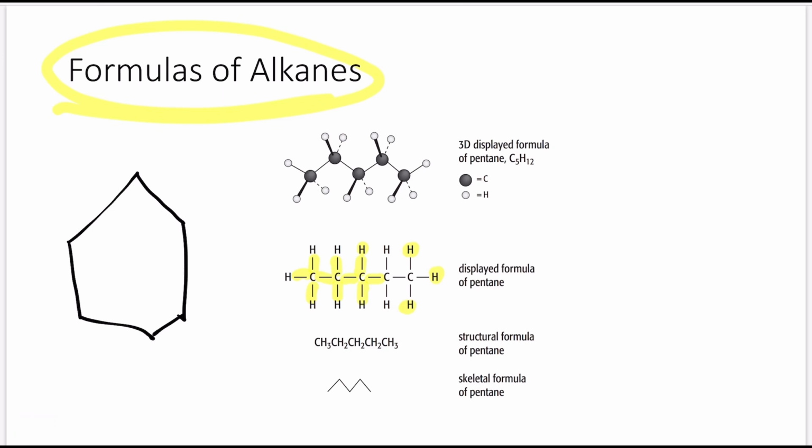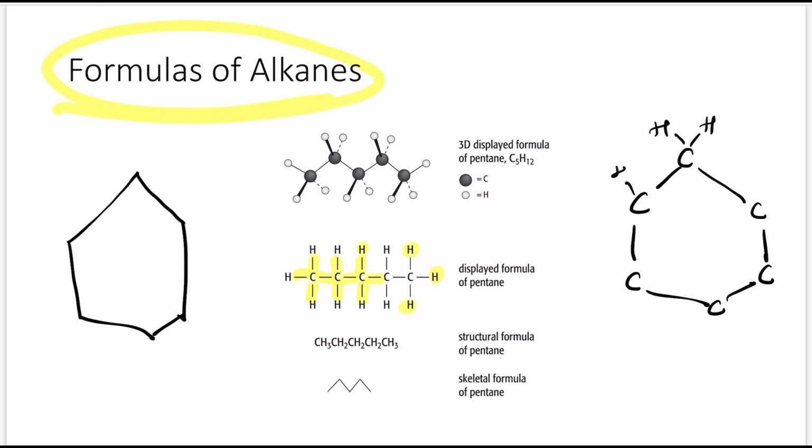It's not like any of the bonds are shorter, it's just a problem with the way I draw. So it's essentially like this, right? All of the bonds were equal length. Please forgive my drawing, and all of them would have hydrogens on them, right? So this is a cycloalkane.